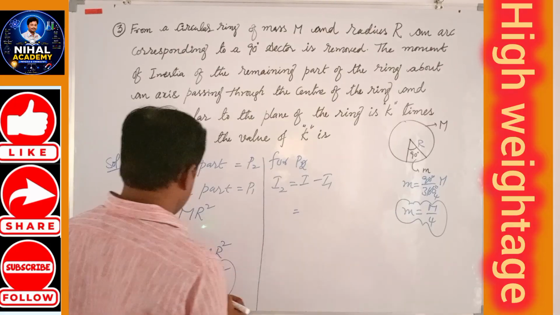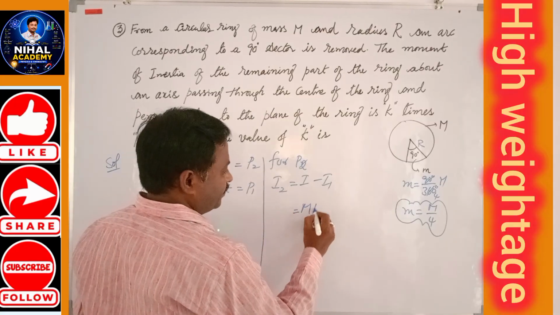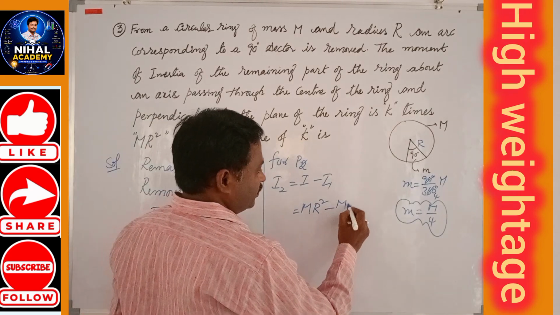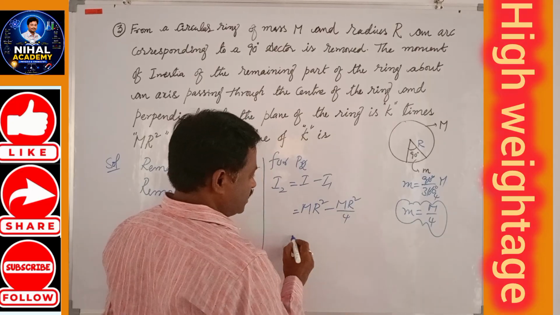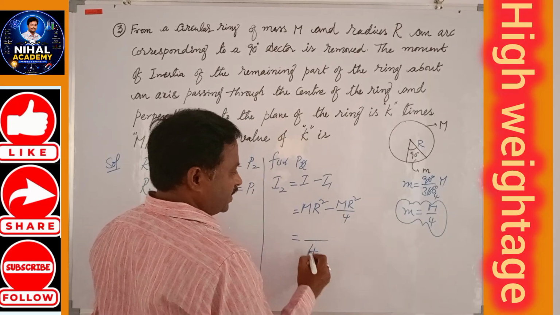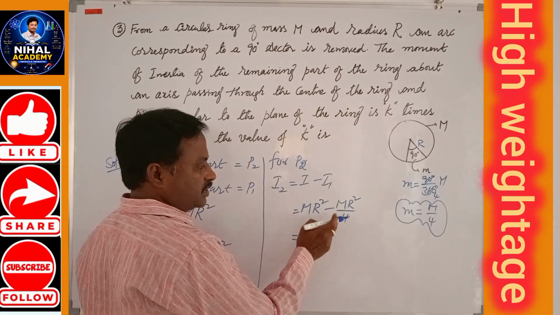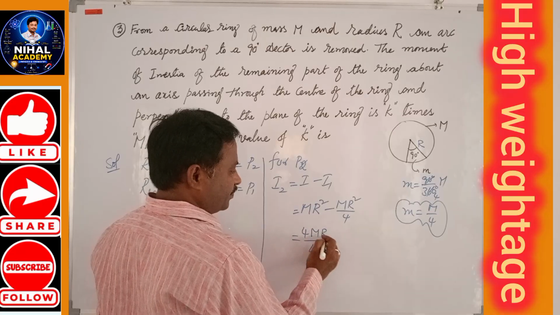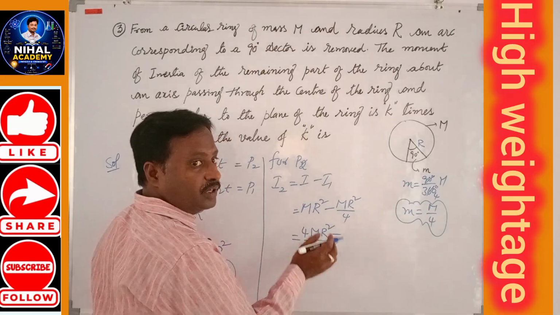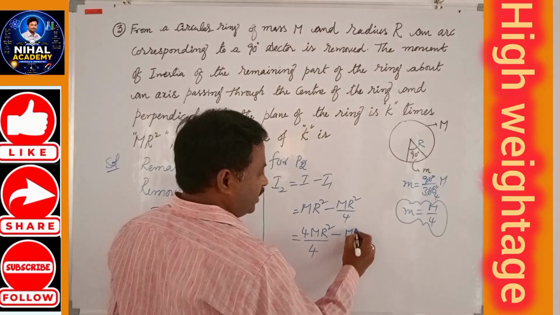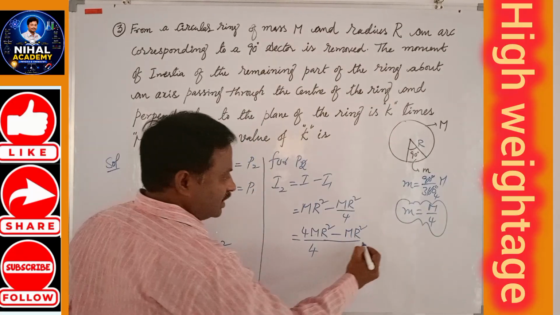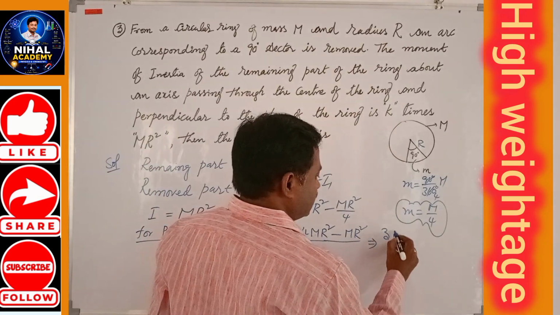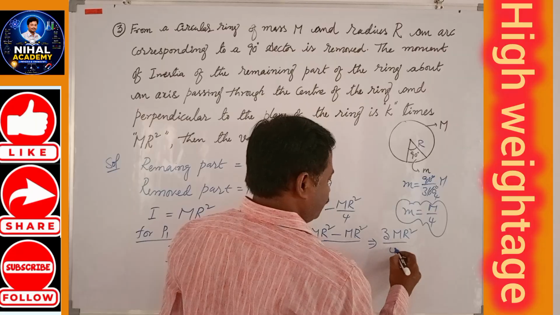So I2 is equal to MR square minus MR square by 4. 4 is the LCM, so 4 MR square minus MR square, that is 3 MR square by 4.